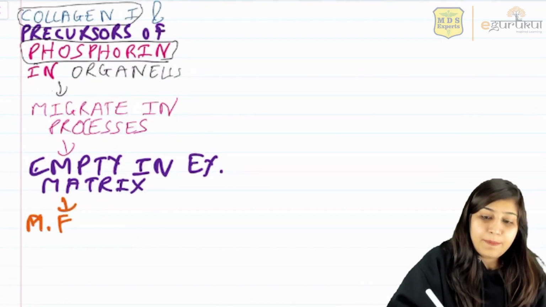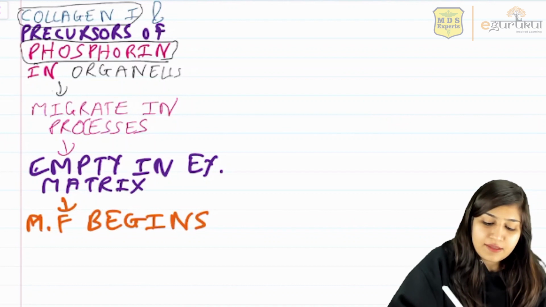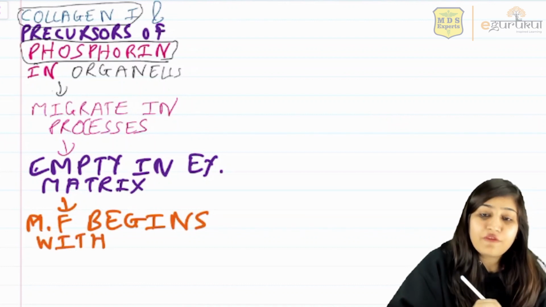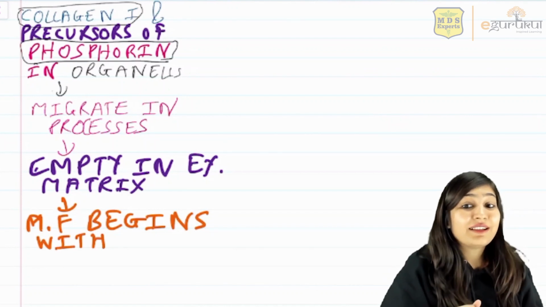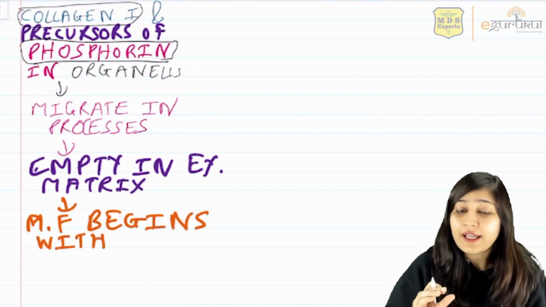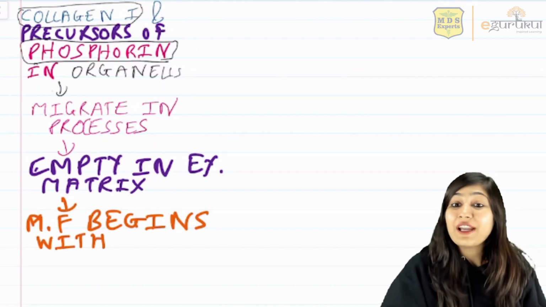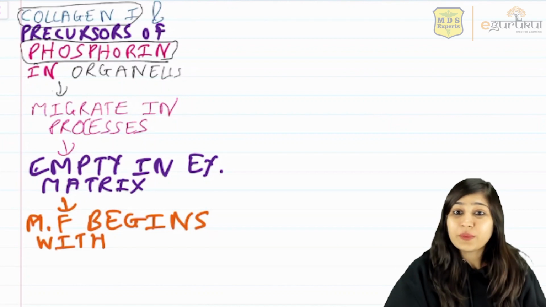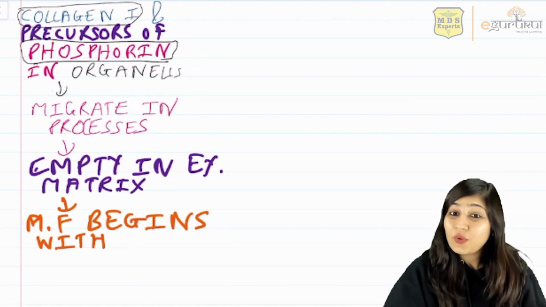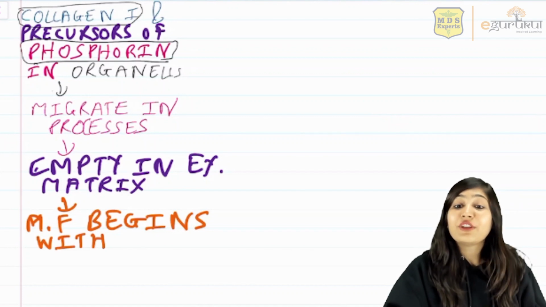We've already discussed, it begins with the deposition of which fibers? Small diameter or large diameter? Large diameter fibers. This was an MCQ question I told you about: large diameter fibers are Von Korff's fibers.